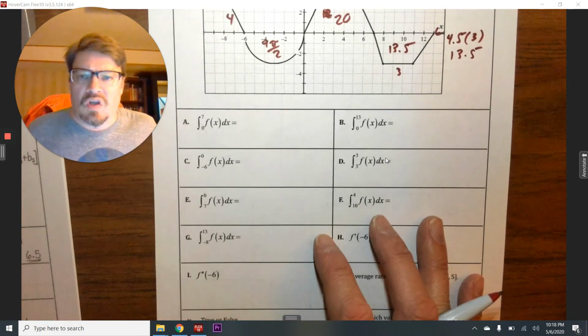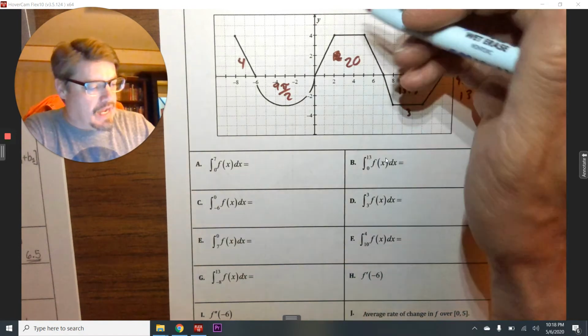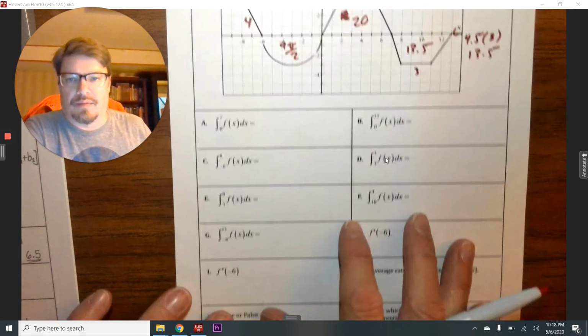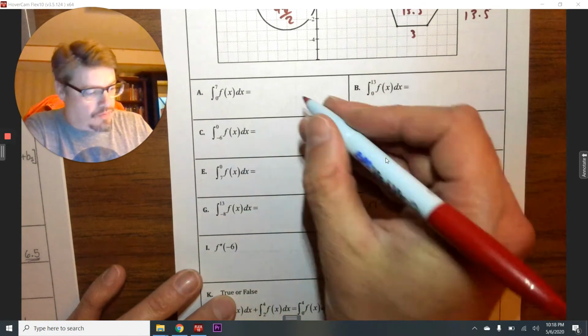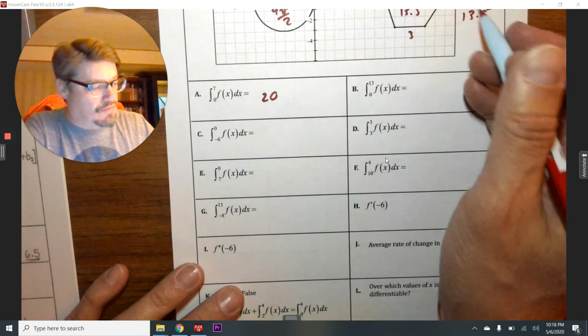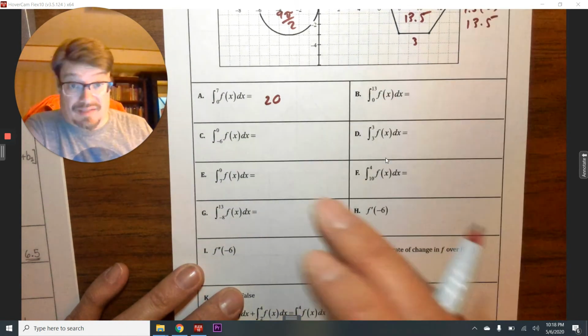All right, so the answers to this. Looks like you're going to have to split some of these up, but I'll just go forward. From 0 to 7, we saw that's 20. B is actually going to be a total of 6.5.